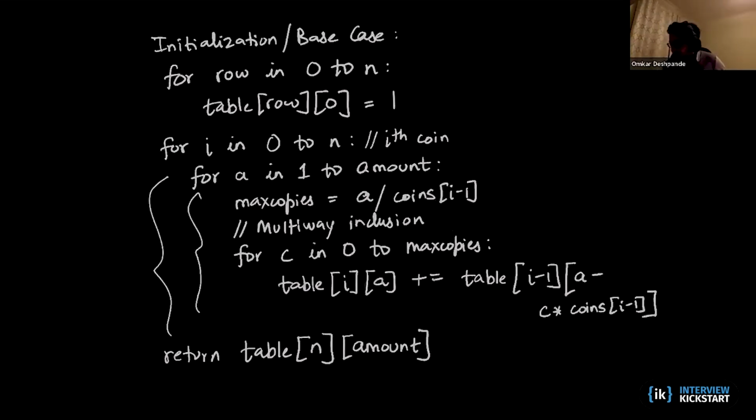Let's go back here. So the initialization remains the same. The structure of the double for loop also remains the same.